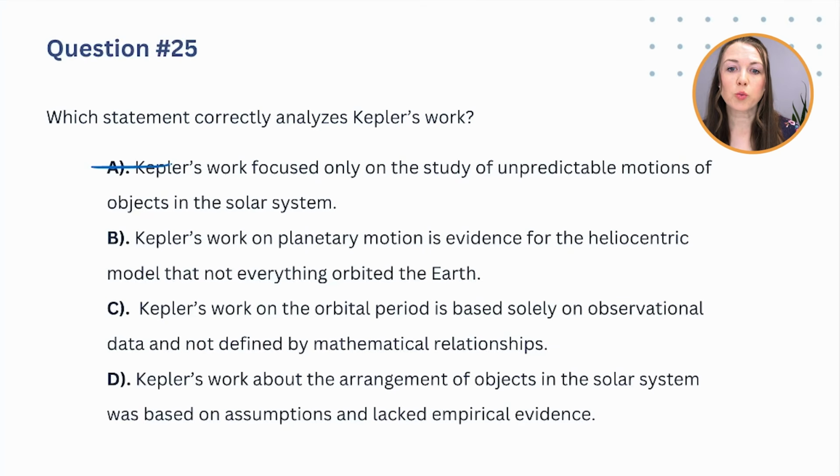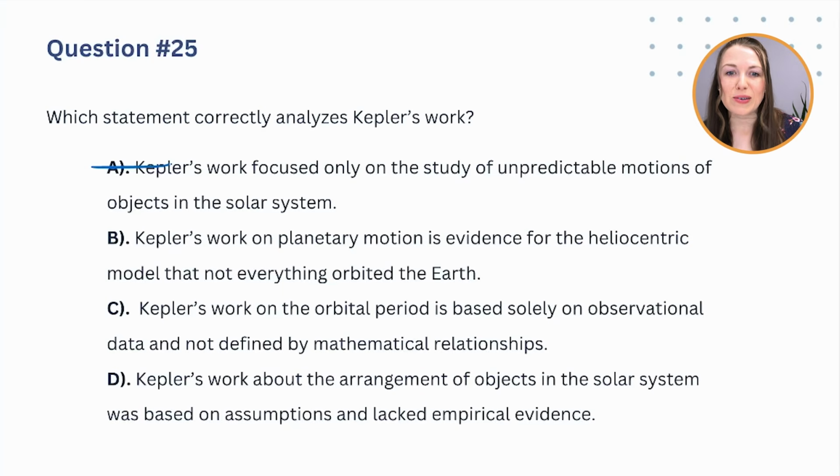B: Kepler's work on planetary motion is evidence for the heliocentric model. Heliocentric means sun-centered. It's centered on an object, in this case the sun. So for the heliocentric model, not everything orbited the Earth.